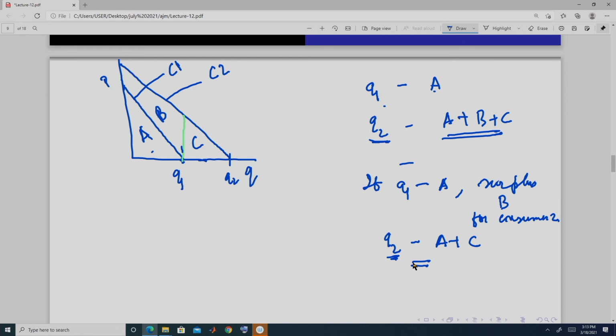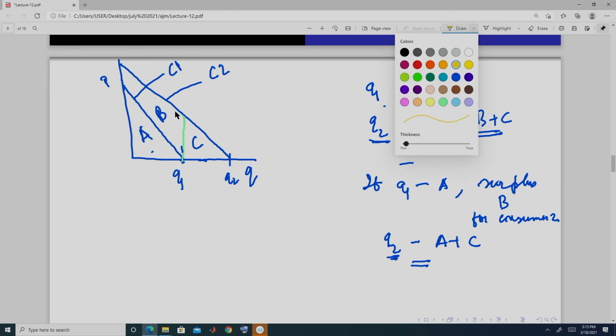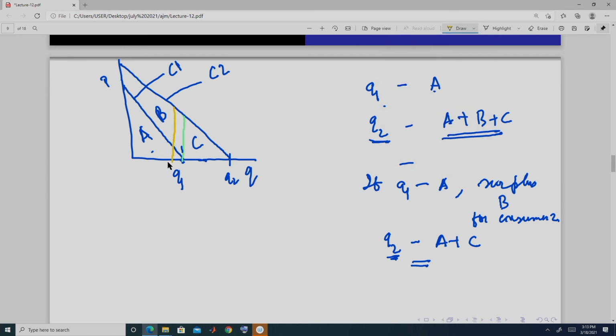Now, the question is whether that is a profit maximizing bundle or not. Here you can see, suppose instead of this, I make the bundle for consumer 1, this is suppose Q1, then what is happening? Consumer 1 is going to pay this much amount.